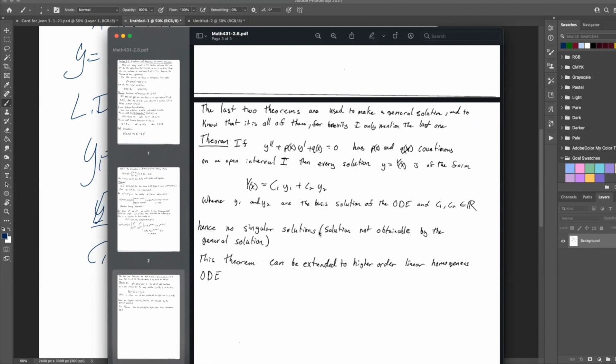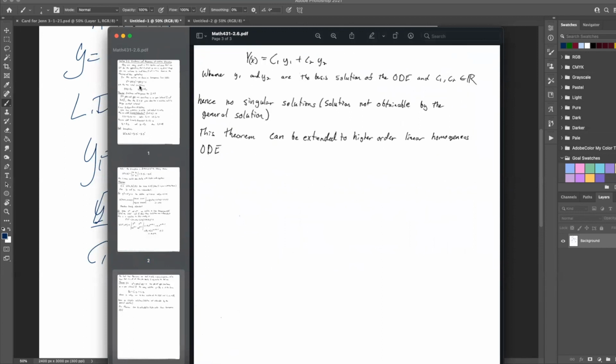And so there are no other singular solutions that you cannot obtain from the general solution. So there's nothing else out there to look for, right? That's the whole point of this. And this can be extended to higher orders. That is the whole point of this section.